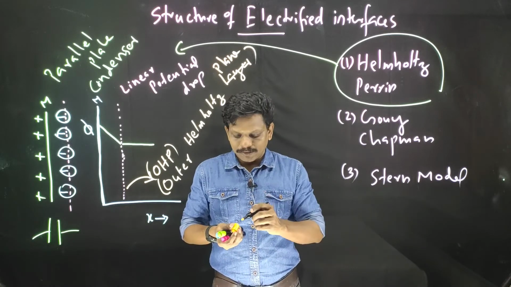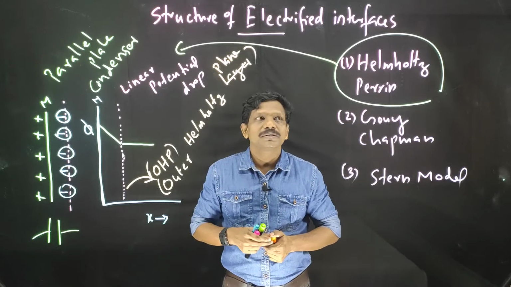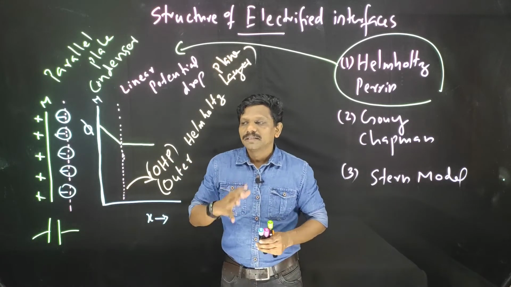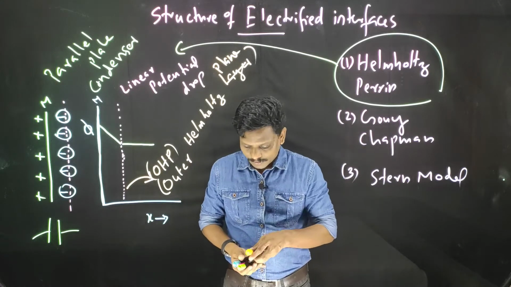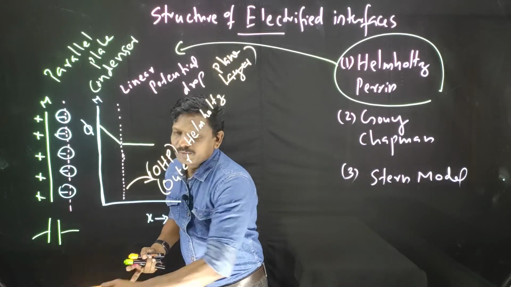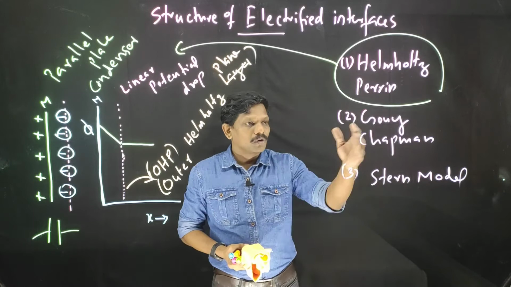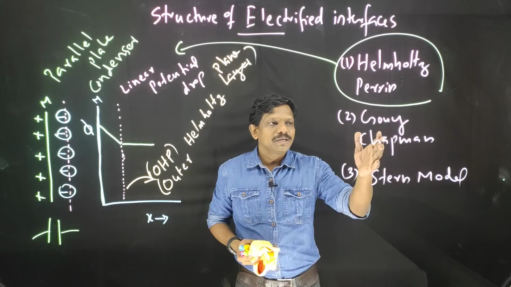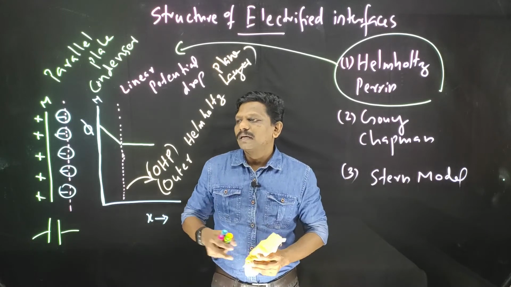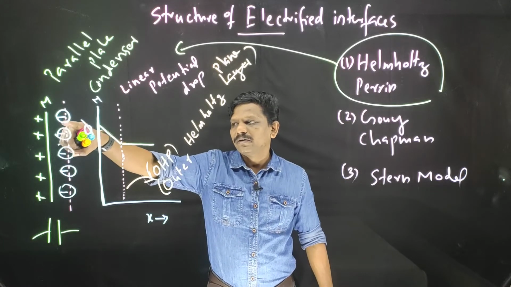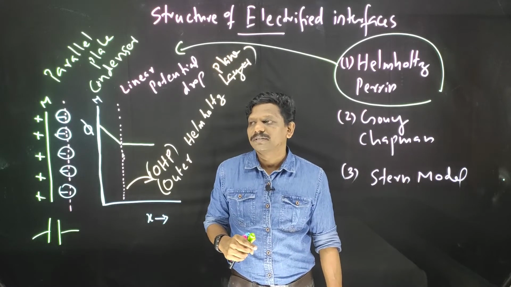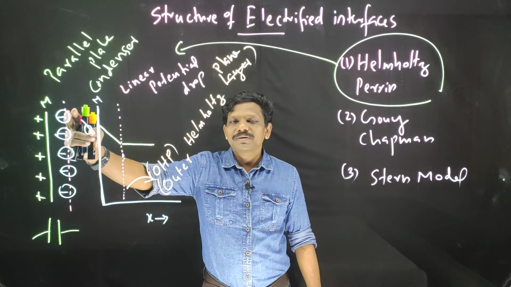So this particular model is known as the Helmholtz-Perrin model, and you can also call it the parallel plate condenser model. Next, the other model is the Gouy Chapman model. Gouy Chapman assumed that we cannot hold the ions like this, because these ions are in solution.